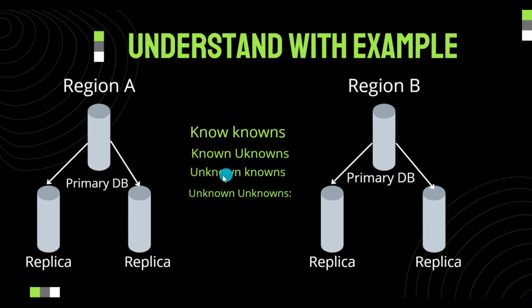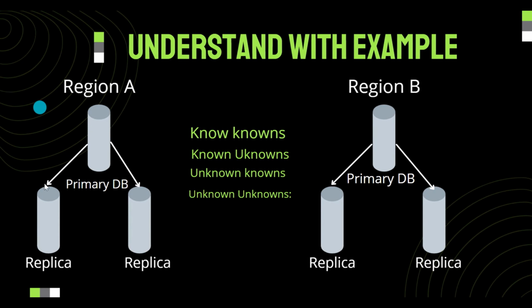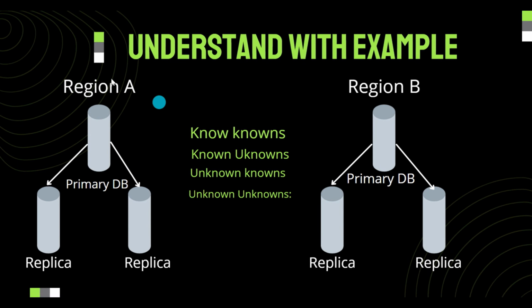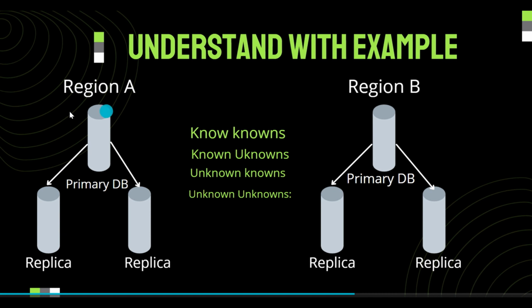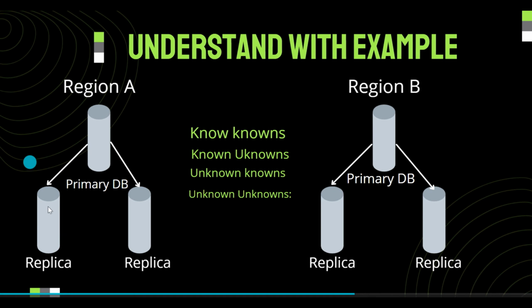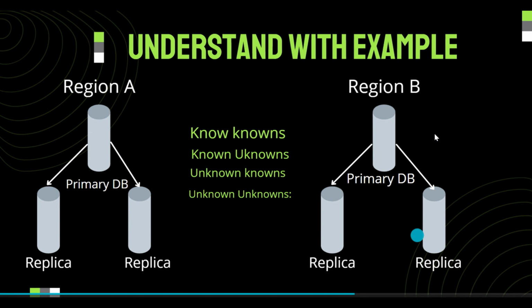So guys, now I'm going to talk about unknown and known. So let's suppose that there are two environments, region A and region B, but in region A this environment is completely going to be shut down, right? So we don't know what will be the impact, but here what we know is we have another region set up, right?